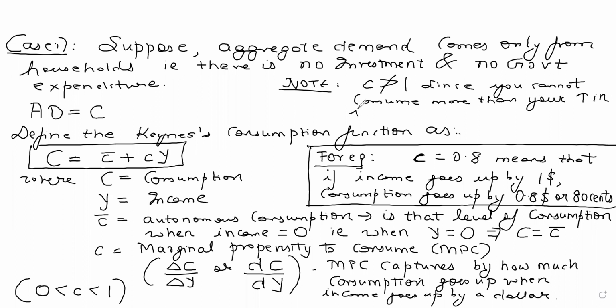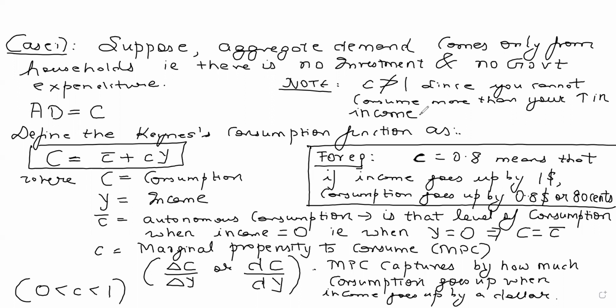For example, if my income goes up by $1, my consumption can increase at max by $1, but not more than that. I cannot increase my consumption more than my increase in income, because when I'm increasing income, income is consumed and also saved.